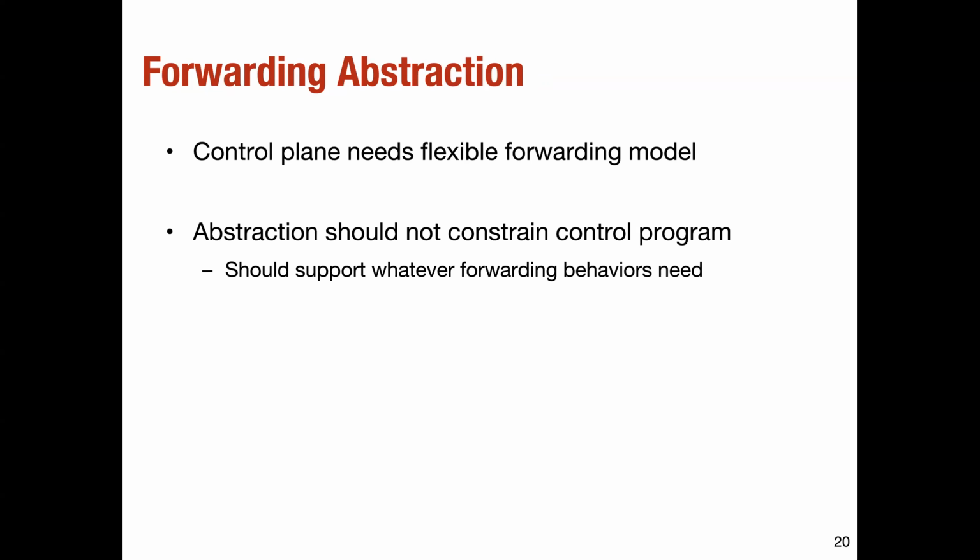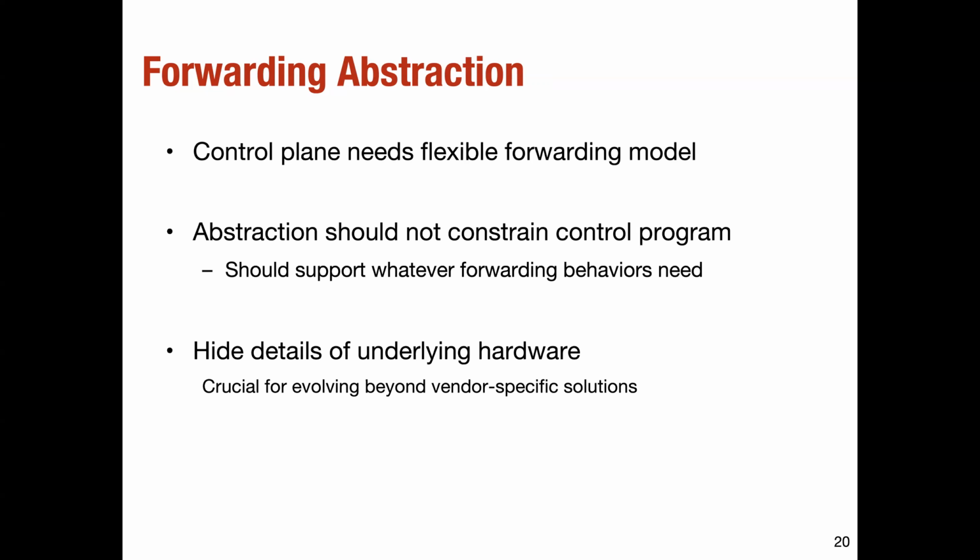So it should be able to support whatever forwarding behaviors are needed, right? So there should be no constraints to the control program in terms of how the forwarding can be done. And it should, very importantly, hide the details of the underlying hardware, right? So this is very, very crucial for evolving these systems beyond vendor-specific solutions.